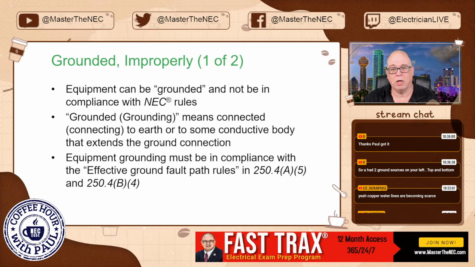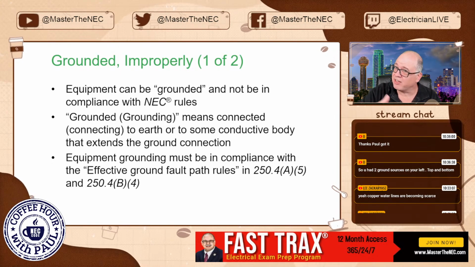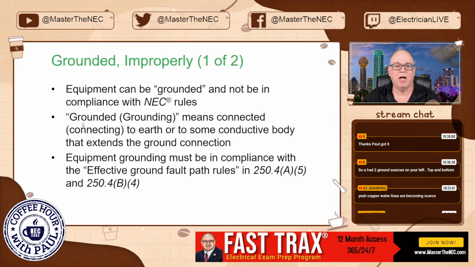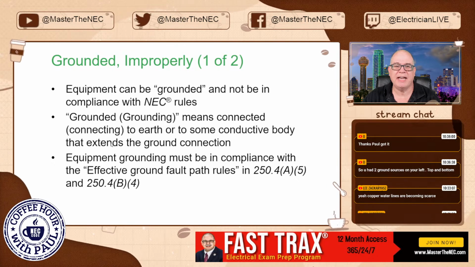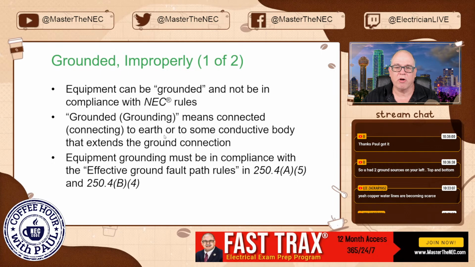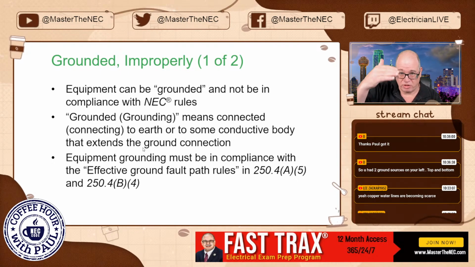So something can be grounded, but not done in accordance with the NEC, which again is a safety standard. Grounding means connected or connecting to earth or to some conductive body that extends that connection to earth.